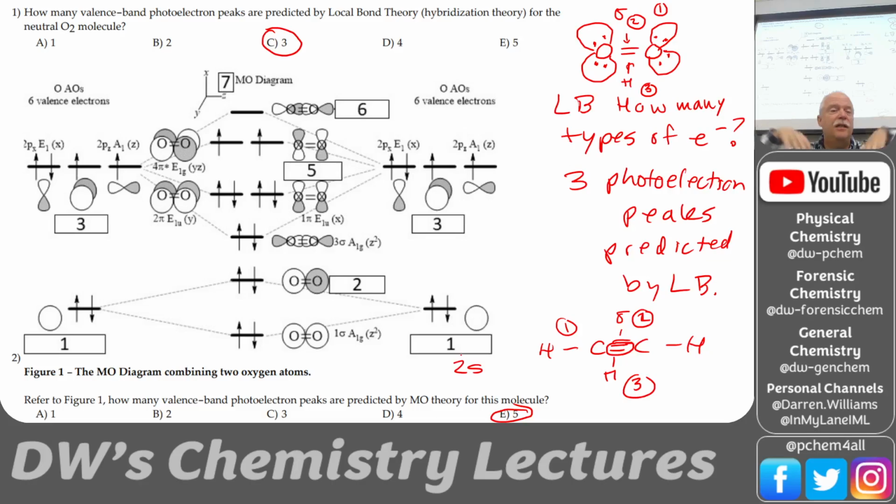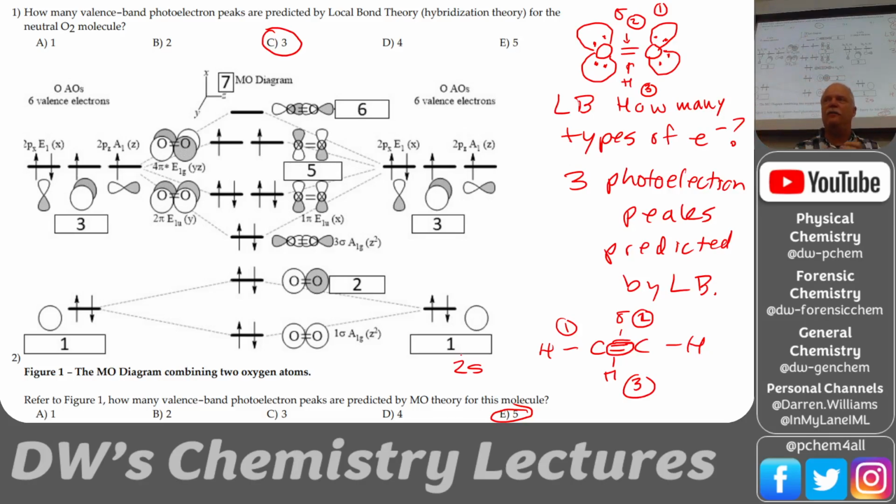Yeah, but oxygen has a 1s. Where is it on this diagram? It's way down close to the nucleus. If this was the MO diagram here, then the oxygen 1s would be down here. So it's energetically very low, and so it's just not shown on this diagram.